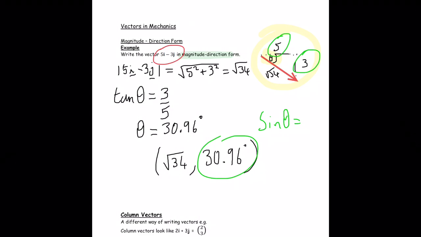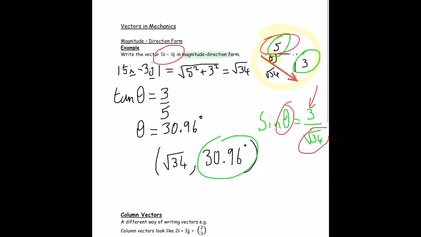So that would be my j component over the hypotenuse. If you knew the magnitude and the direction, you could work that out. Same then, you would use cos in order to work out the adjacent side there.